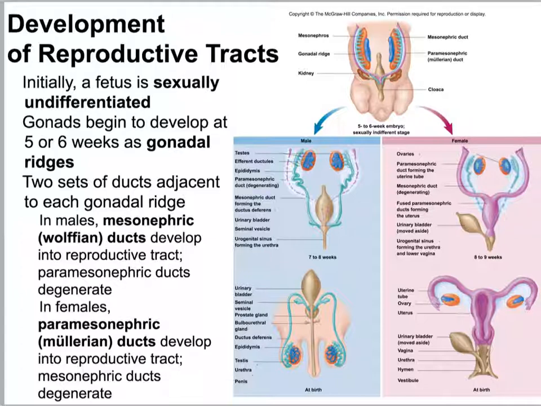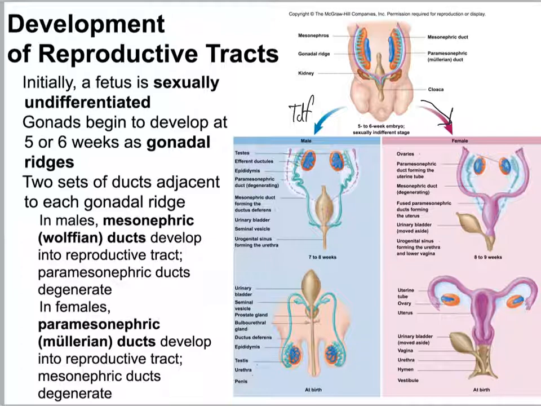Either a protein called testes determining factor, or TDF, is made, and that puts the developing embryo down a male pathway, or it's not made and you go down a female pathway.